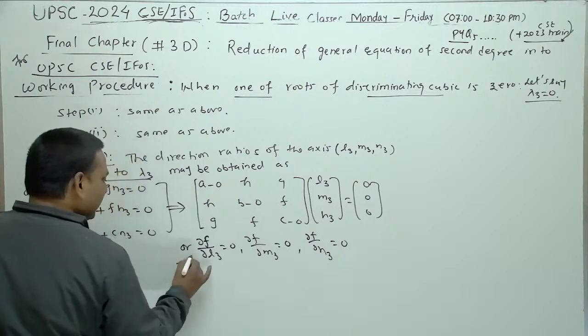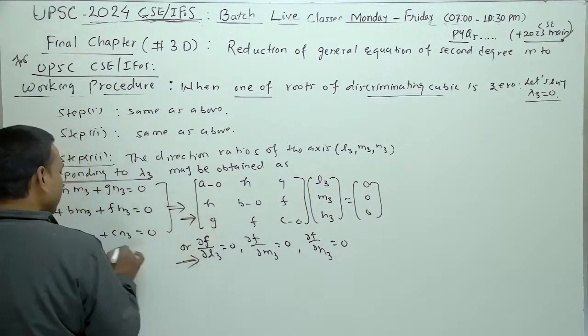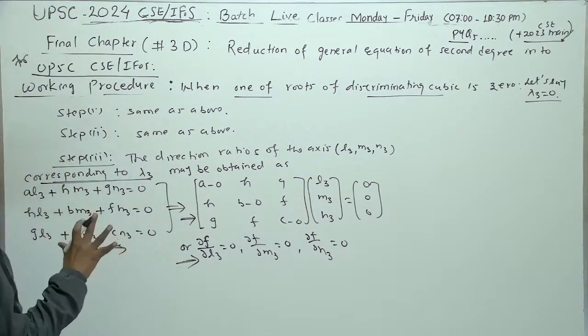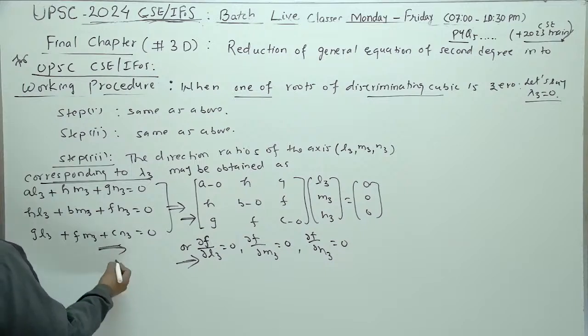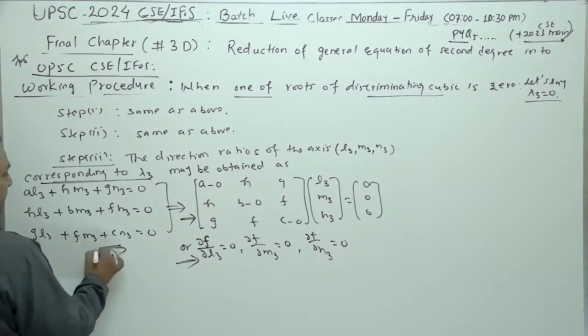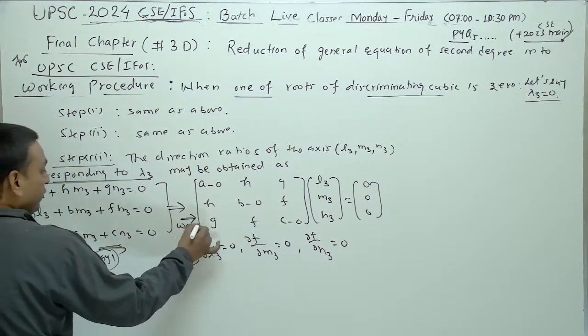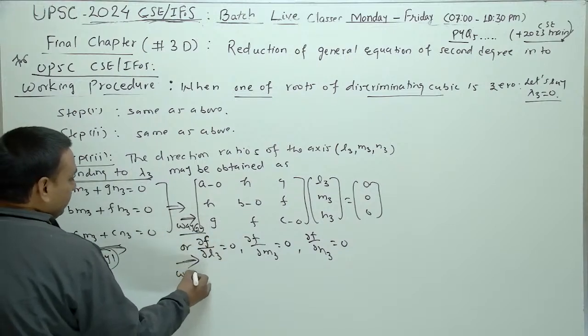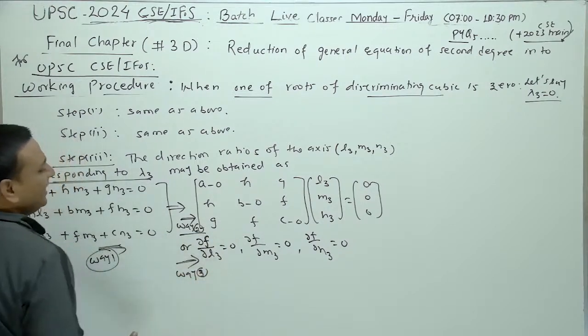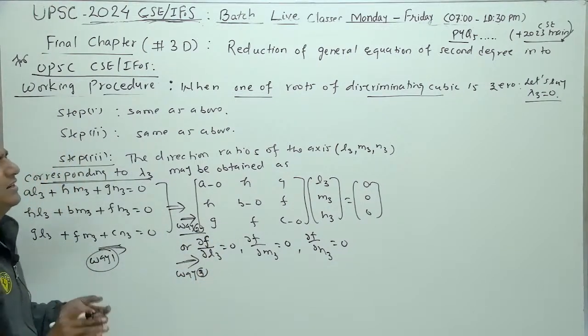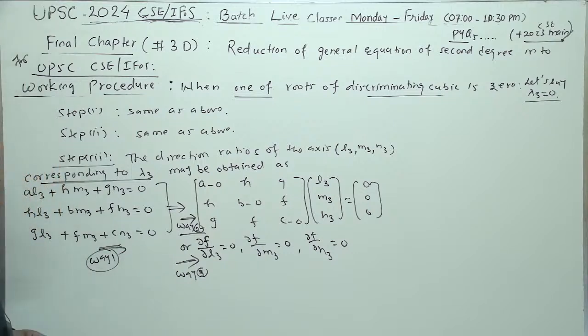Either you solve this or you solve this or you solve this, any of the ways you can get, ठीक है. This is way 1, way 2, this is way 3. हमें चाहिए L3, M3, N3 corresponding to lambda 3, बात खत्म, ठीक है.